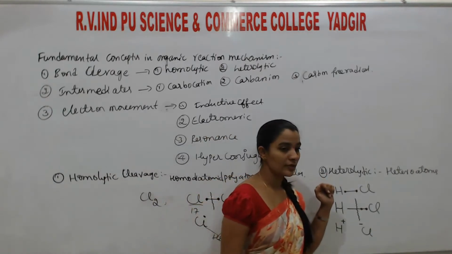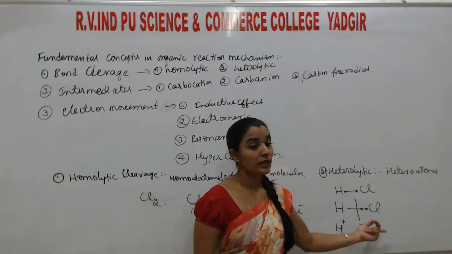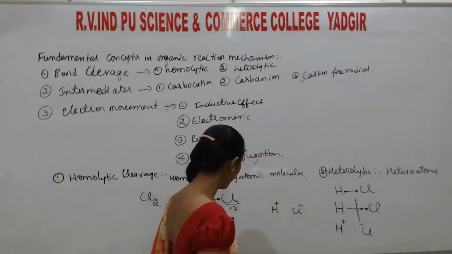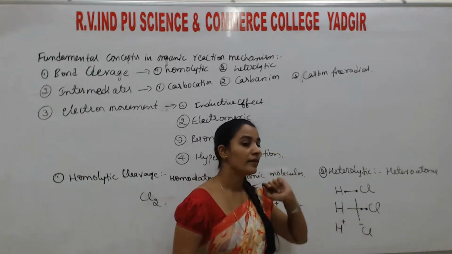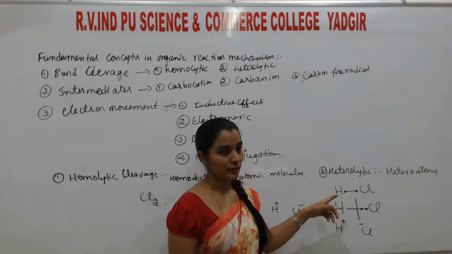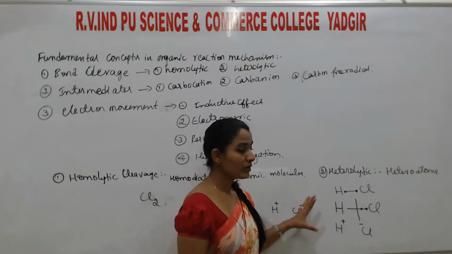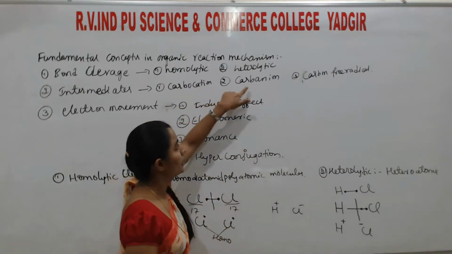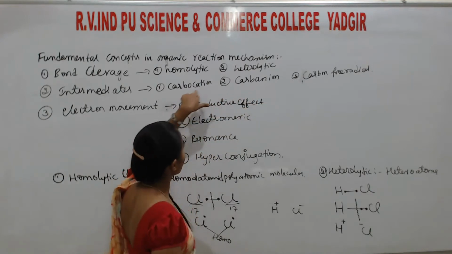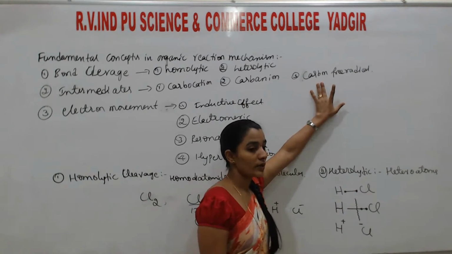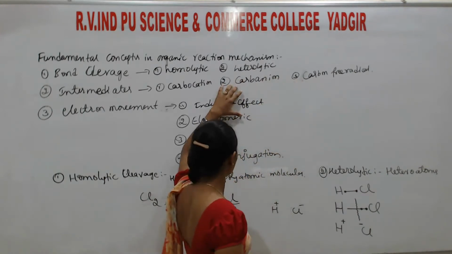If after the cleavage of the bond they form cations and anions, here only free radicals, here cation and anion, then it is said to be heterolytic cleavage. Understand? So based on this homolytic and heterolytic cleavage, these types of intermediates will form: one is carbocation, carbanion, and carbon free radical.